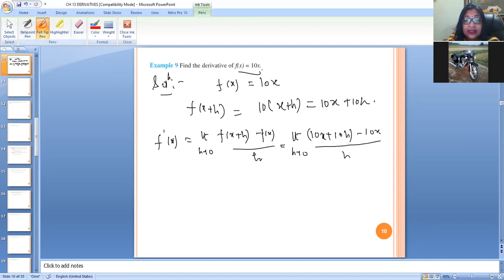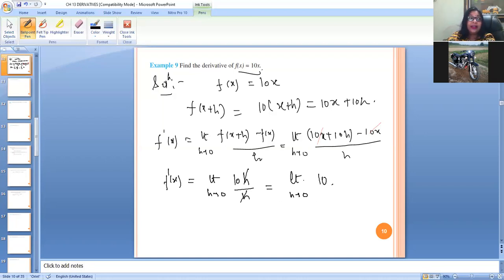You will see that 10x gets cancelled with 10x. Both are equal and opposite. So f dash x is equal to limit h tending to 0, 10h upon h. h gets cancelled with h. It is limit h tending to 0, 10.